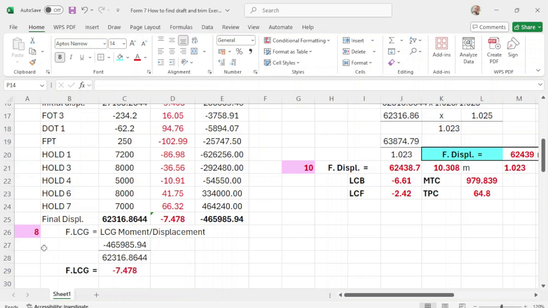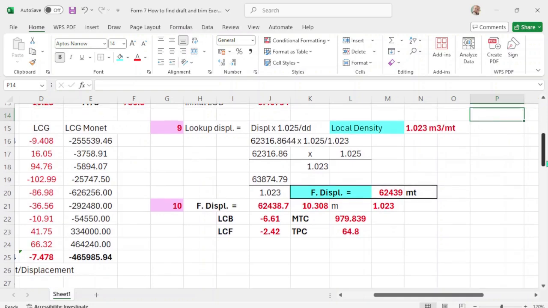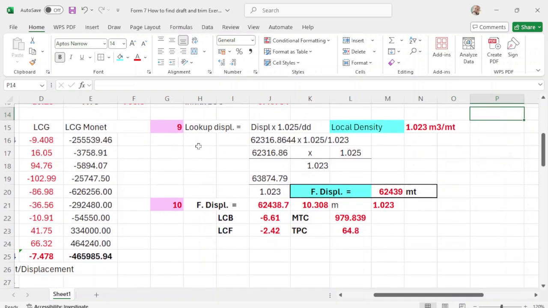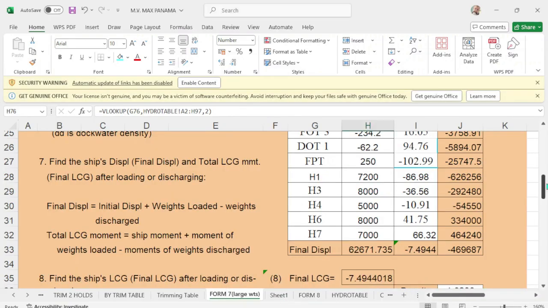So that's number 8. So we go to number 9. Number 9 will be applying the local density.